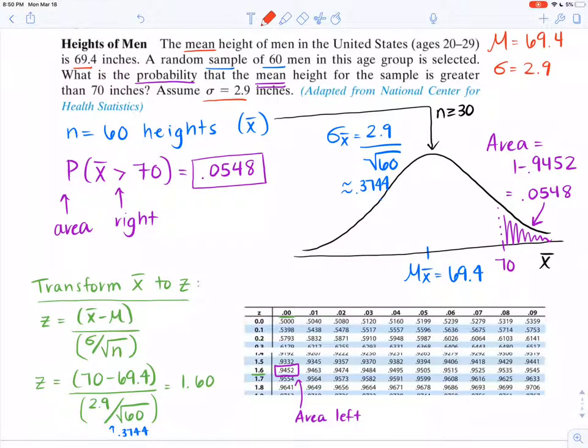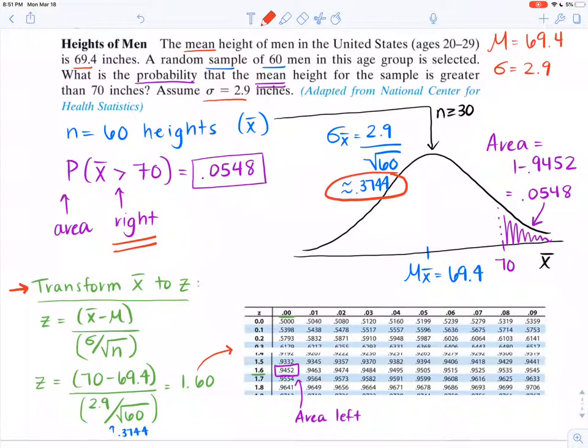I recalculate my standard deviation, sigma over the square root of n, because I'm looking at a sample mean. I use that to get my z-score, and I take my z-score to the table to get the corresponding area. And then here, table gives me area left. I wanted greater than, which is area to the right, so I finished by subtracting from 1.